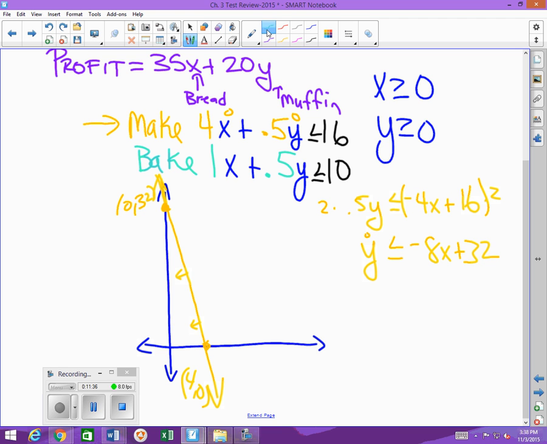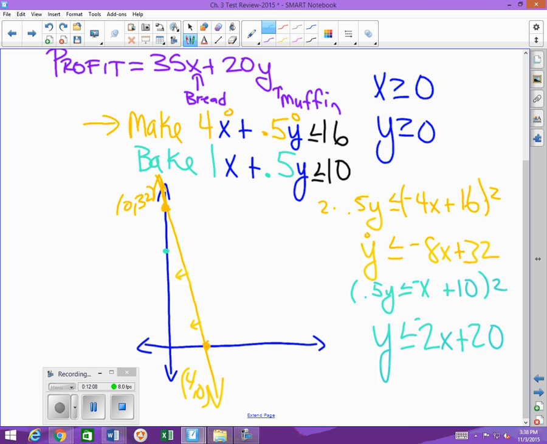The baking equation is x plus 0.5y is less than or equal to 10. So we subtract x to get 0.5y is less than or equal to negative x plus 10. Then multiply both sides by 2 again. So y is less than or equal to negative 2x plus 20. And so then we would have, crossing at 20, that's supposed to be a negative x and a negative 2x.